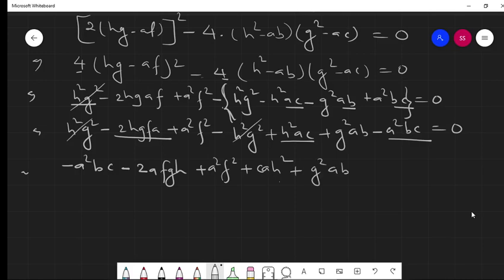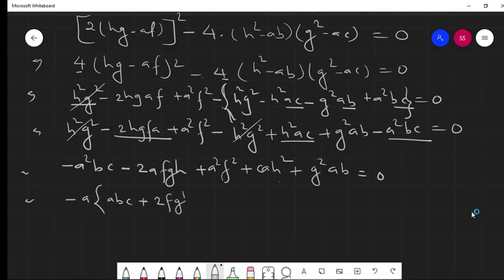These two cancel. All five terms have a in common, so if we take minus a common, here will be abc and here will be 2fgh.